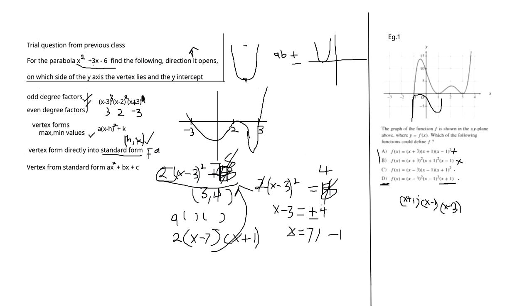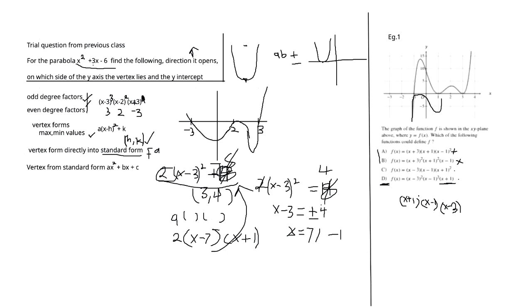You won't be told to do it directly, but to save time, doing it directly from the standard form would help instead of converting your standard form to the vertex form before finding the vertex. That would be a long procedure. So it is best to get it directly from here, which is very simple for us to do.